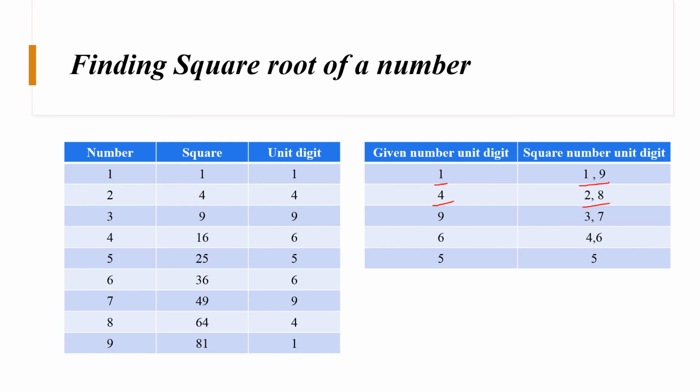If the given number's unit digit is 9, the square number's unit digit will be 3 or 7, and for 6 either 4 or 6, for 5 only 5. Okay, we will see this with an example.